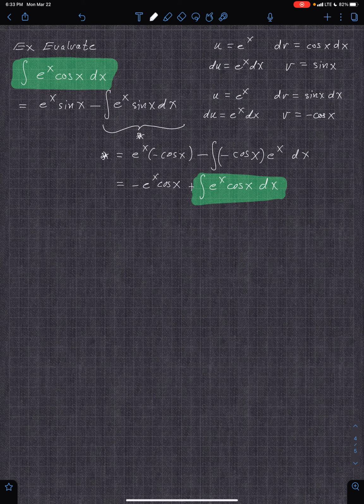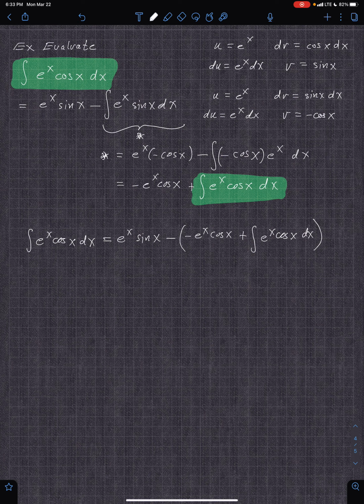So we get the top thing. So the given expression is the integral of e to the x cosine x dx equal to e to the x sine x, but then that's minus all of this: negative e to the x cosine x plus the integral of e to the x cosine x dx.